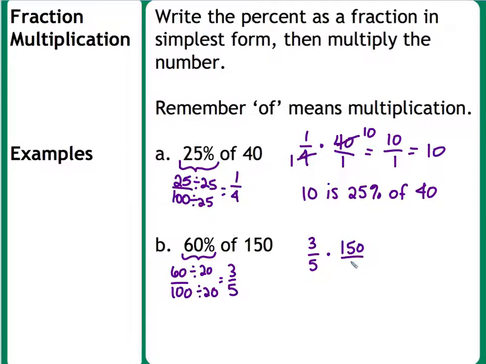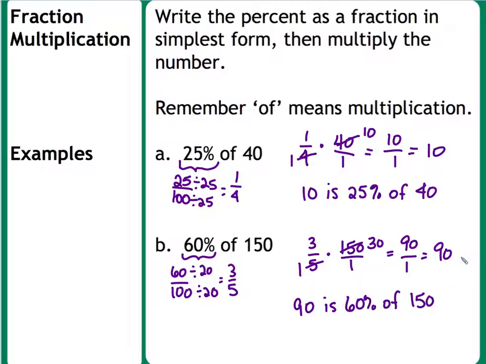And again, we'll put 150 over 1. 150 and 5 are both divisible by 5, so that gives us 5 goes to 1, 150 goes to 30, and 3 times 30 is 90 over 1, which gives us 90. So we can say that 90 is 60% of 150.